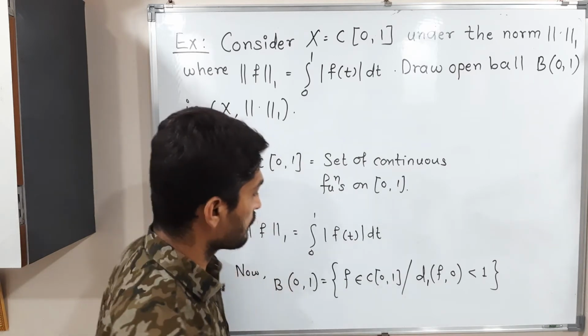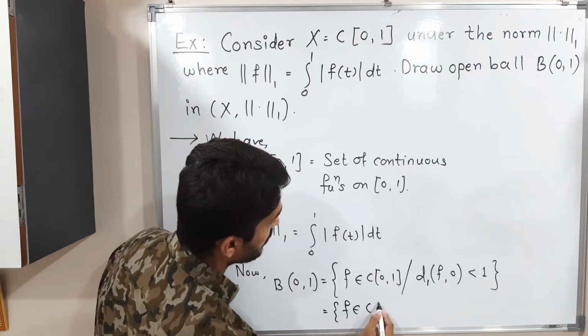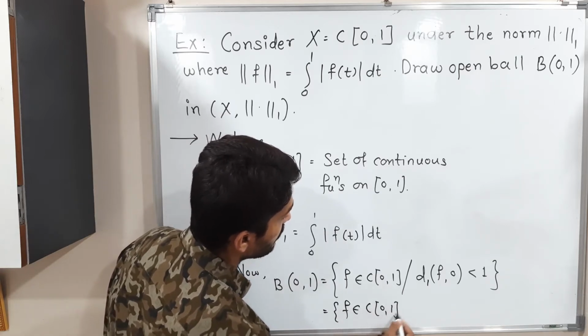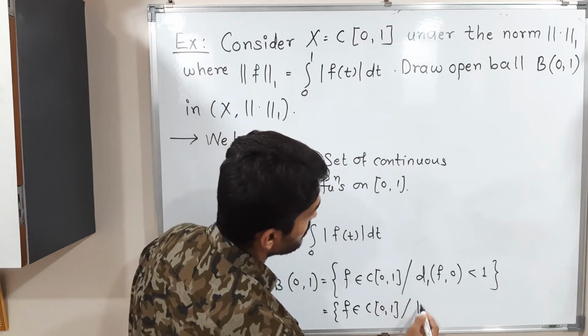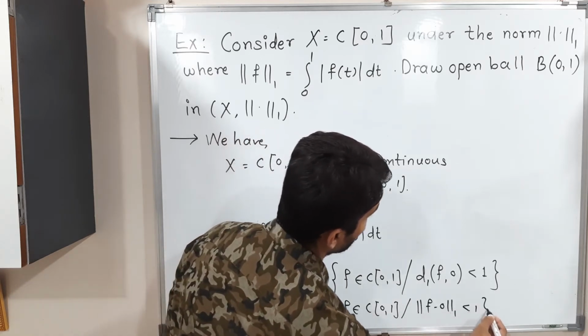Let us see what will happen. This is equal to the set of f belongs to C closed interval 0 1 such that norm of f minus 0 is less than 1.